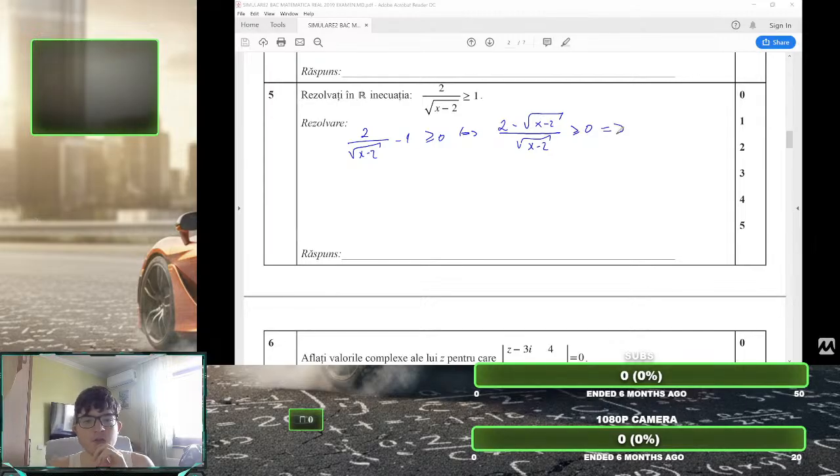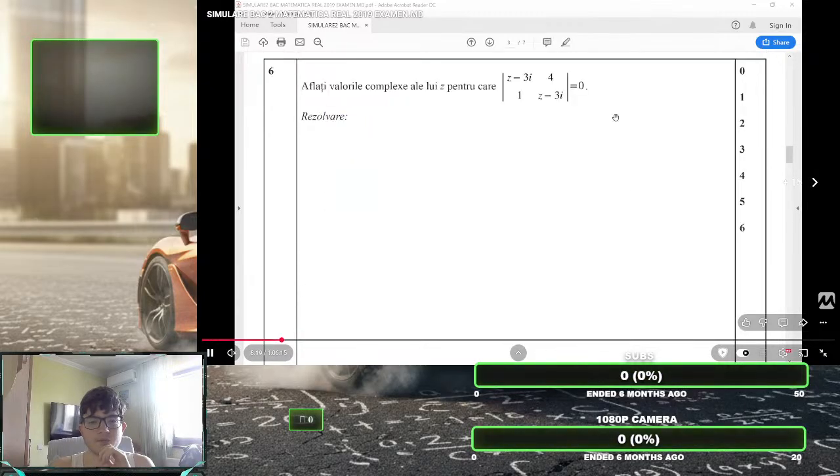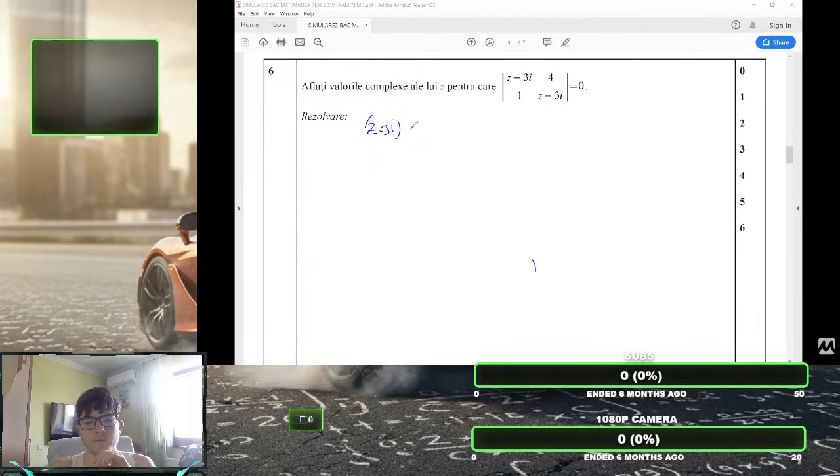When we plug in the x minus 2 right there, so x minus 2. Now this, you know what it is, multiply minus the other diagonal multiplied.